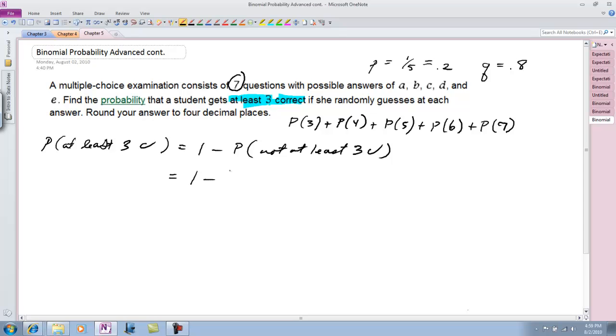Well, we'd look at 0 correct, we'd add to it 1 correct, and we'd add to it 2 correct. But we couldn't put anything higher than 2, because then we would be meeting the condition of at least 3. So if we figure out these 3 things, 0, 1, and 2 out of 7, and subtract it from 1, we'll have our answer.